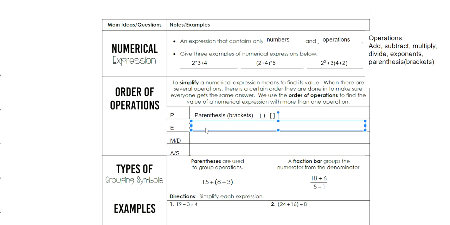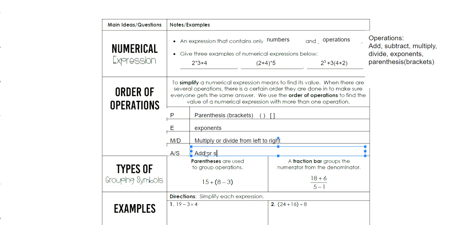After parentheses, you have exponents. Then you do multiply or divide, not multiply and divide, multiply or divide from left to right. You always do it from left to right. You never change the direction. Always start from left to right. And then add or subtract from left to right, okay? So basically those are the operations.